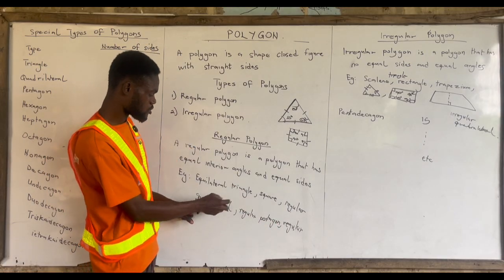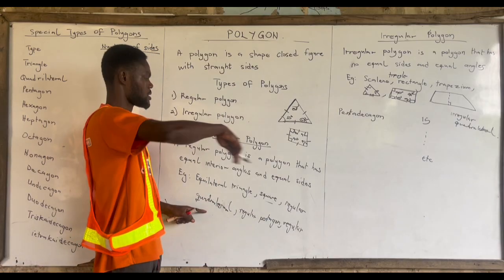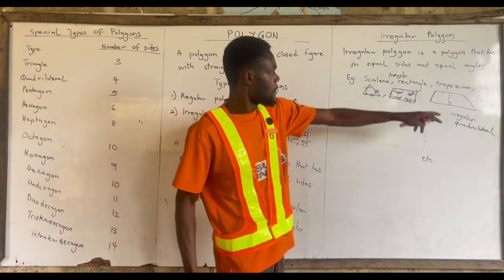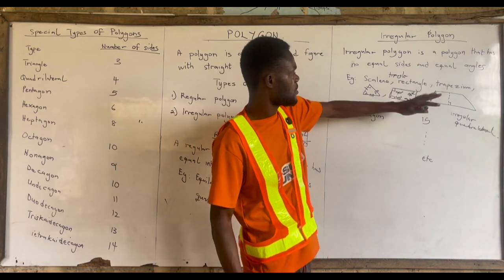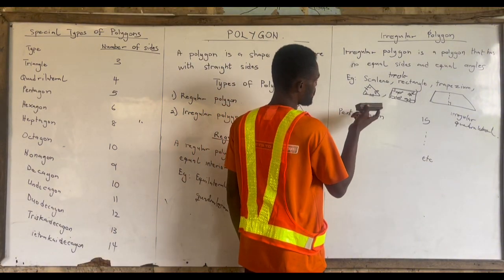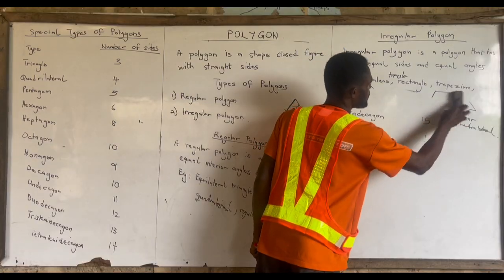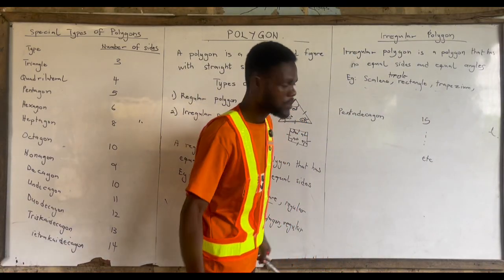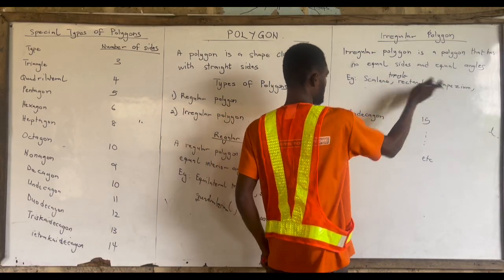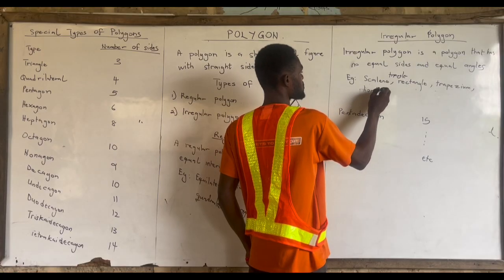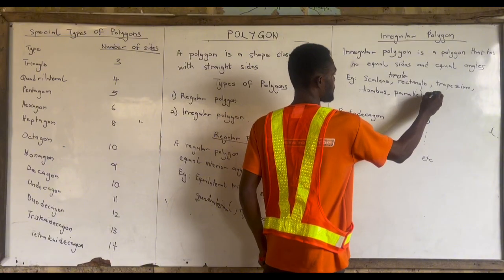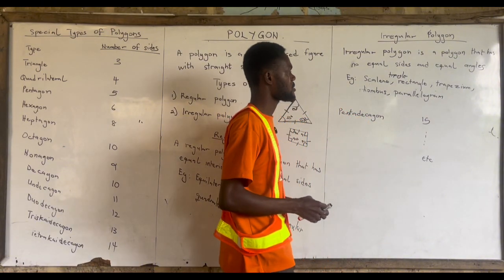The regular quadrilateral will be our square, because it is regular: the sides are equal and the angles are equal. But over here they are not. Examples of irregular quadrilateral: the rectangle is part, the trapezium, the rhombus is also part, and the parallelogram is also part.